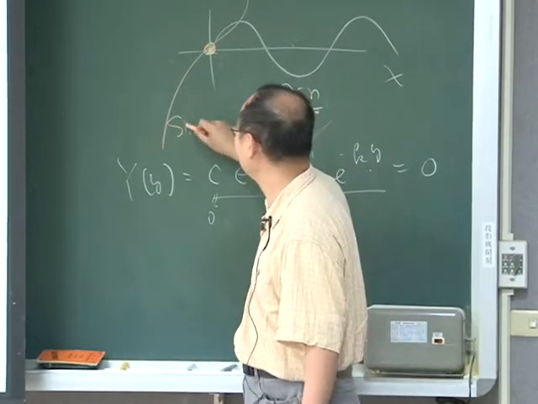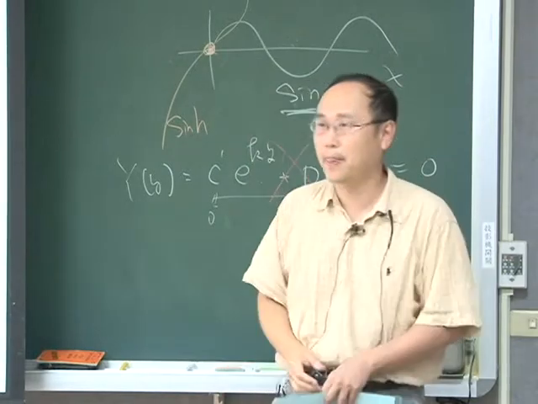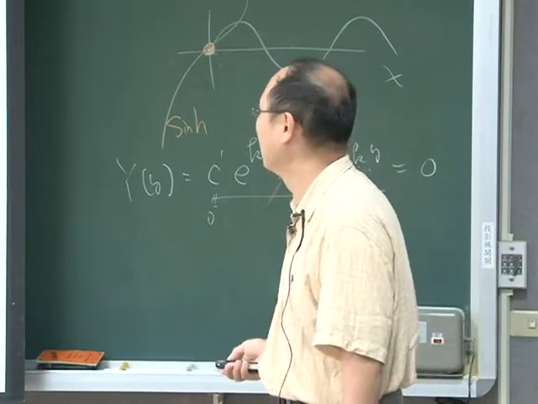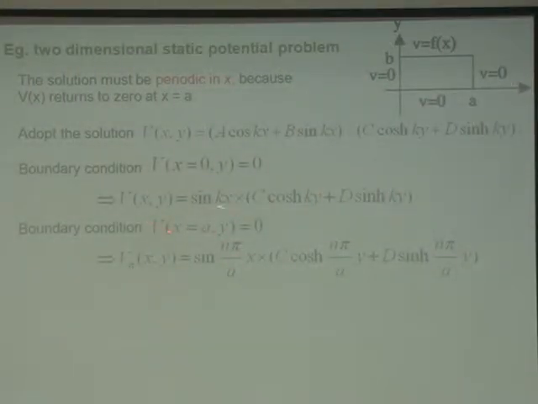This is sinh. OK, 所以呢，你这个边界条件让你只保留这个地方，但是在 x 方向上头，你还有另外一个边界条件。这个边界条件呢是 when x equals a, the potential is equal to 0.